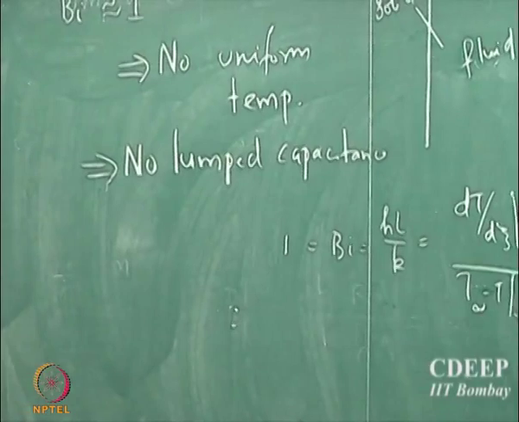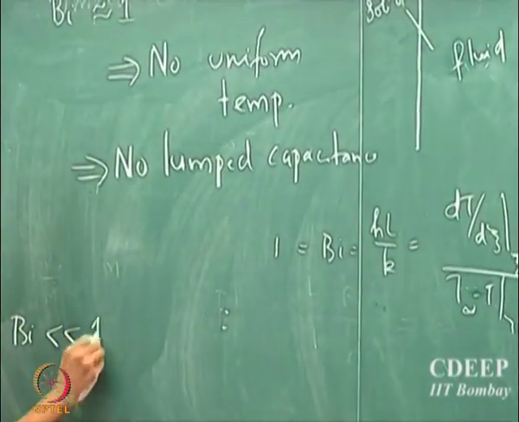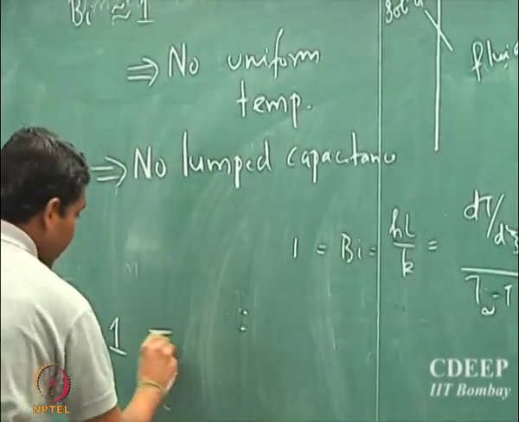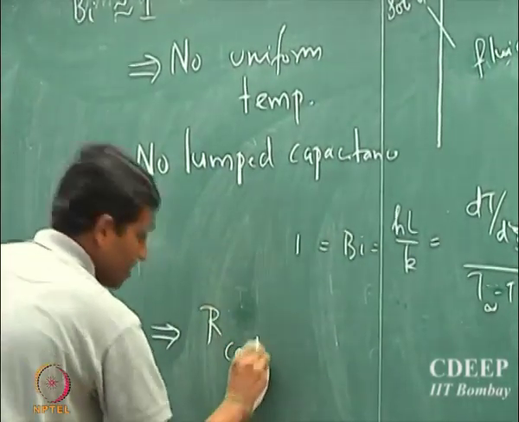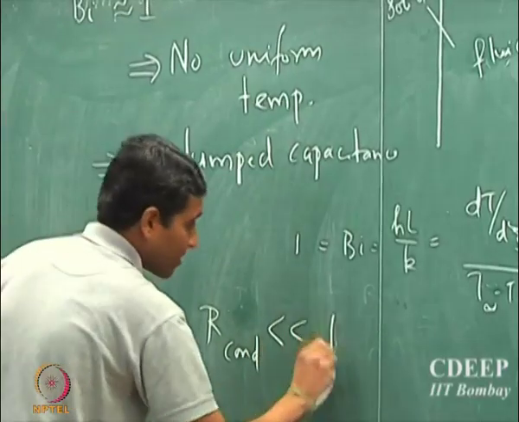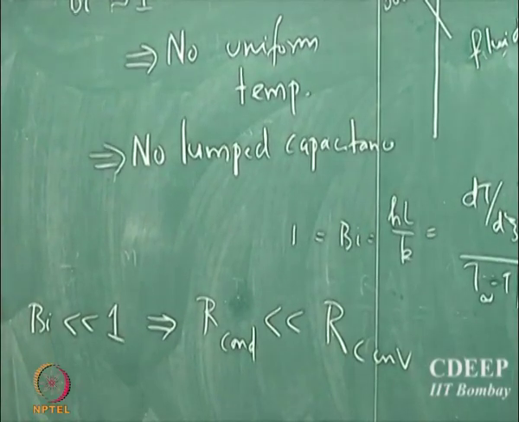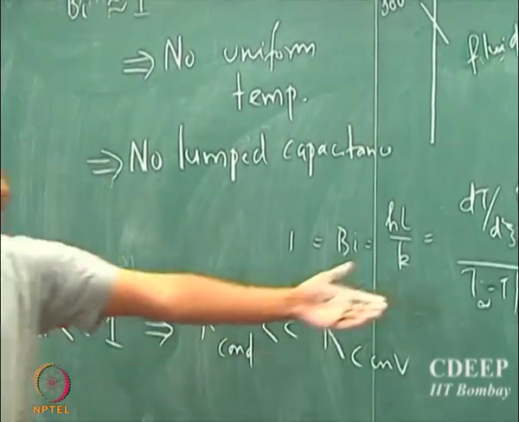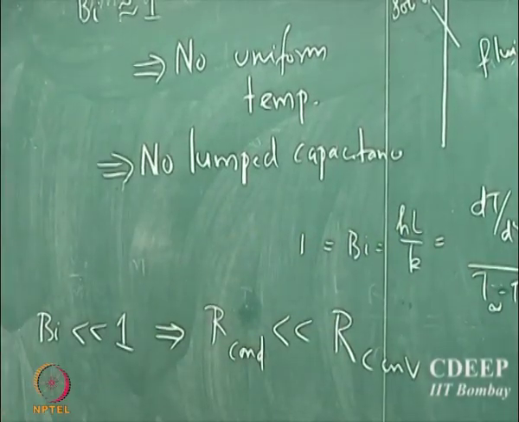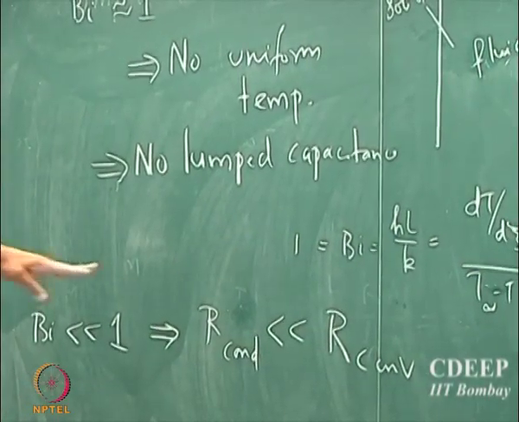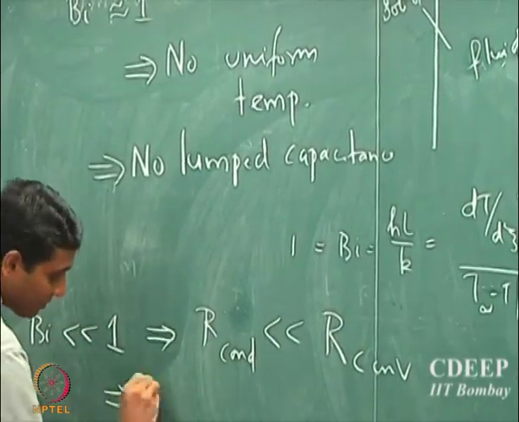Okay. So the third case is where Biot number is much smaller than 1. This means that the resistance of conduction is much smaller than resistance to convection. So what does it mean? That the temperature gradients inside the solid is going to be very, very small. So you could neglect, it doesn't mean that there is no temperature gradient. All you can assume is that you can neglect the temperature gradients.